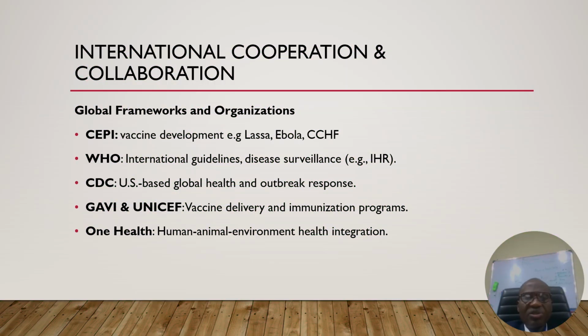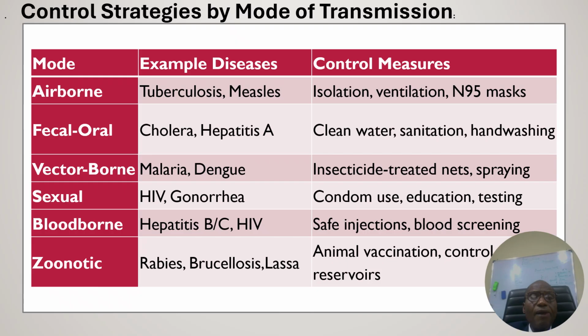Vaccine delivery and immunization programs are an area where UNICEF and Gavi have been involved. And the One Health framework is involved in human and environmental health integration. All these international organizations and bodies have a unique role in controlling communicable diseases, especially when it becomes a pandemic.